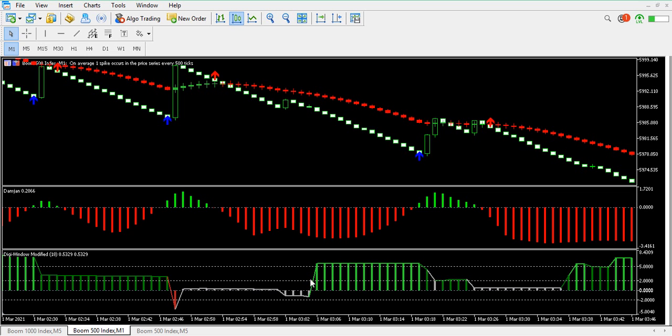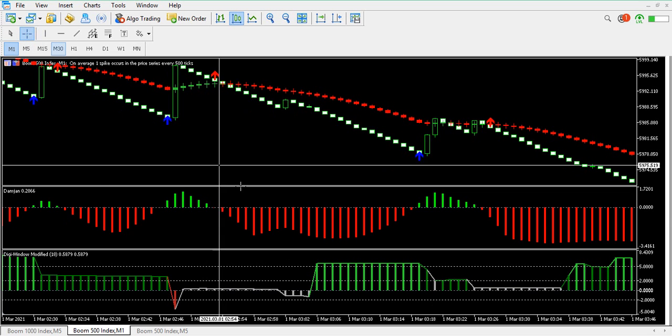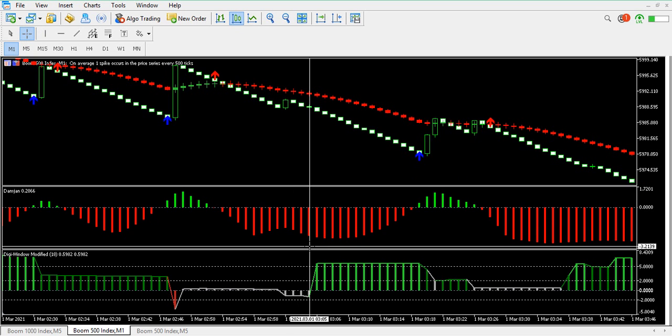That shows a downtrend as well. It takes a bit of time before this one confirms its trend, but whenever it confirms all the way down here, that is a good trade for you to pick.